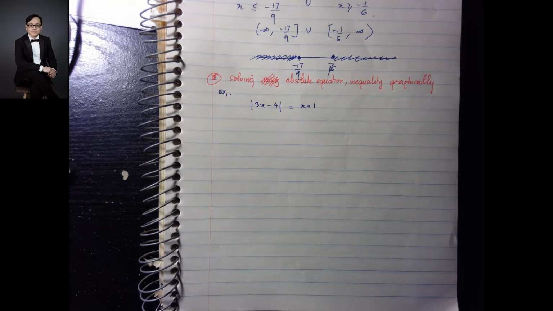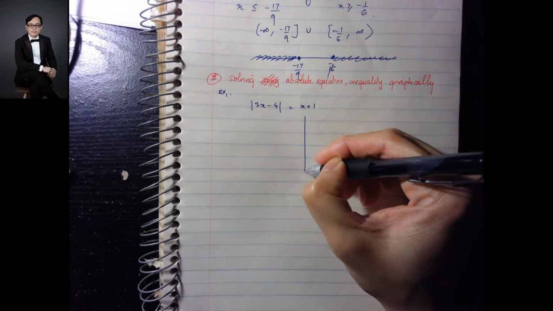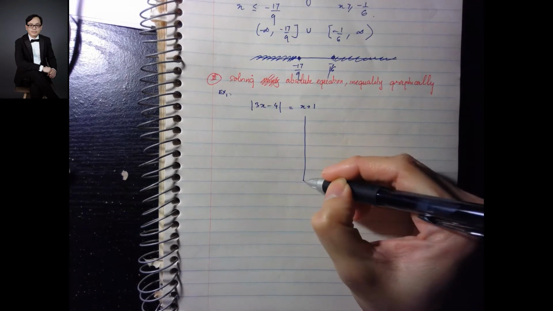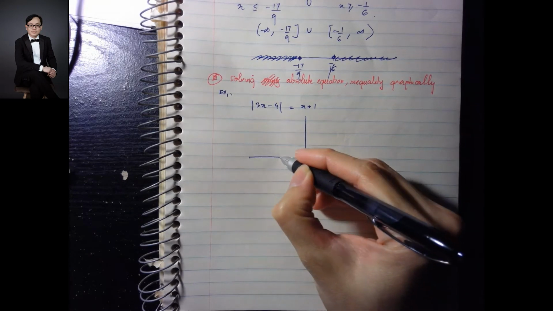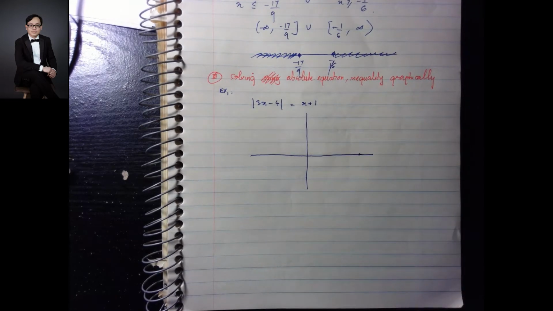And again, on the left side we have an absolute function. It means it has a V shape. So we need to graph the left side first. How do you graph the absolute function? You can plot points, but plotting points is a very kindergarten method, so I don't want you to learn that way.